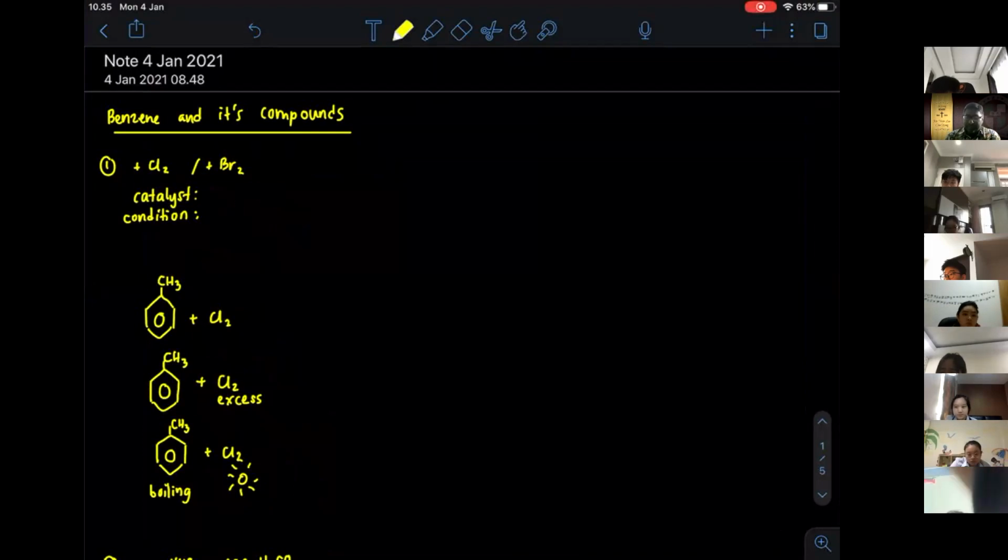When we look over here at benzene and its compound, we can see that benzene has this structure. I'll just draw this structure. C6H6.